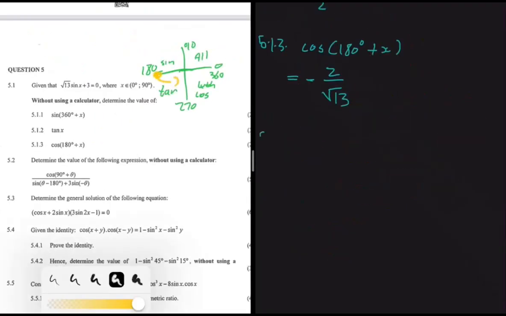Let's do 5.2. Determine the value of the following expression without using a calculator. So we have cos of (90 plus theta) divided by sine of (theta minus 180 degrees) plus 3 sine of minus theta.